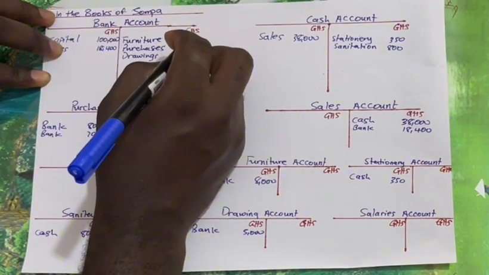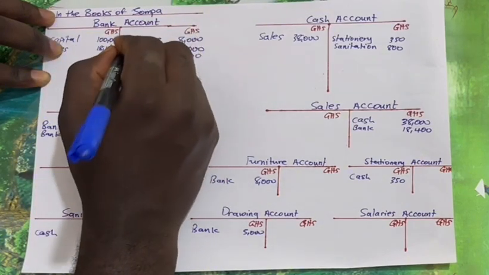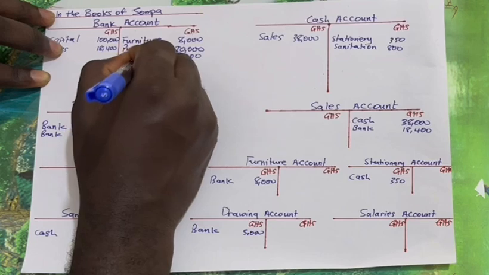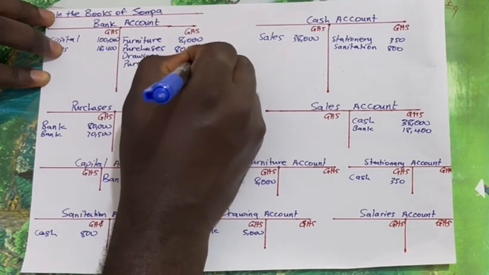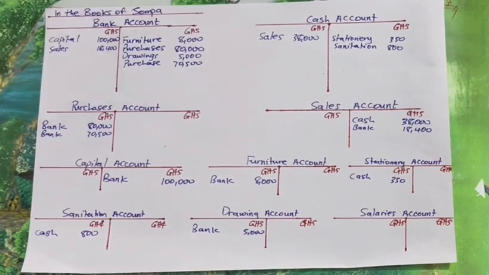Then we come here, purchases, 70,500. Does that make sense? Okay. Now let's move on.